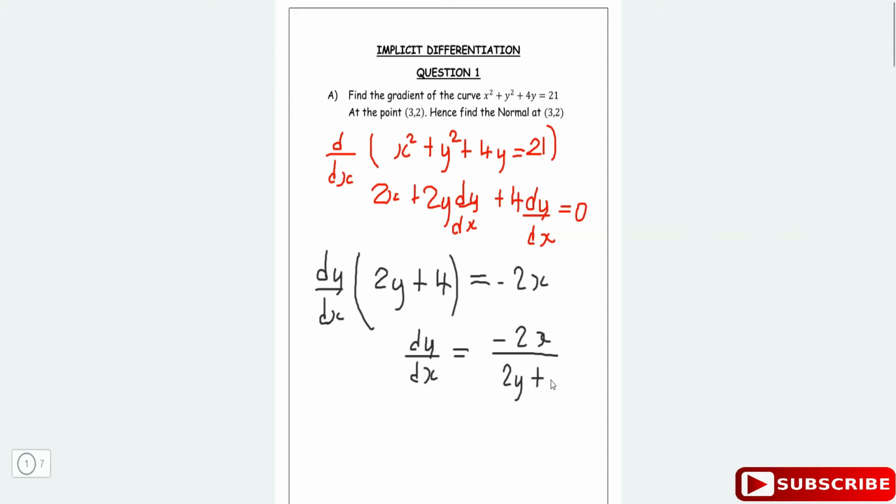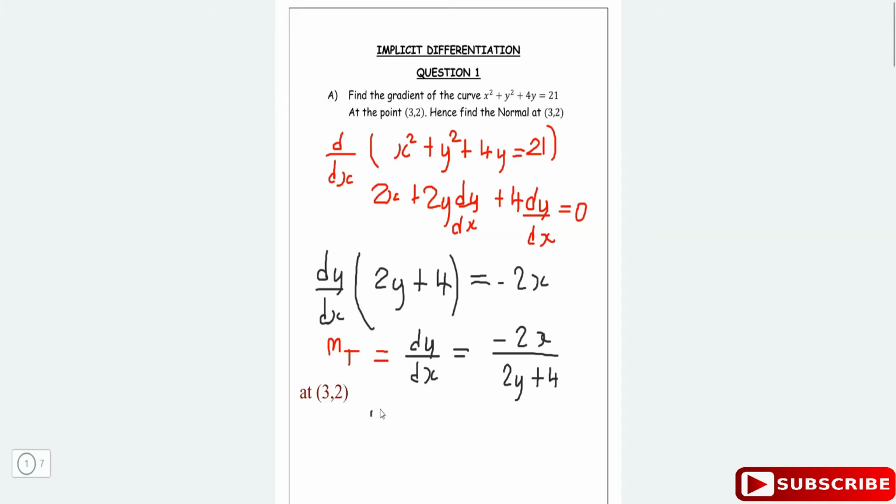Now after we find dy by dx, what do we need to do? We need to find the gradient at (3, 2). Always remember, dy by dx is the gradient of the tangent, which is the gradient of the curve. At the point (3, 2), we plug in x as 3 and y as 2.